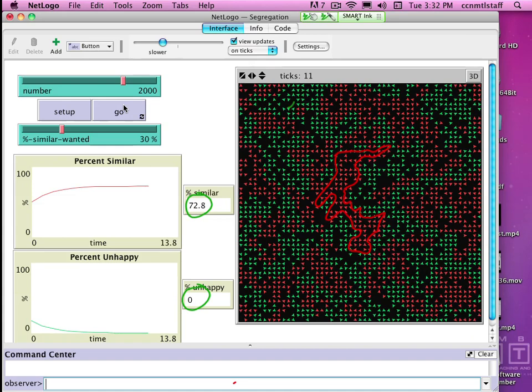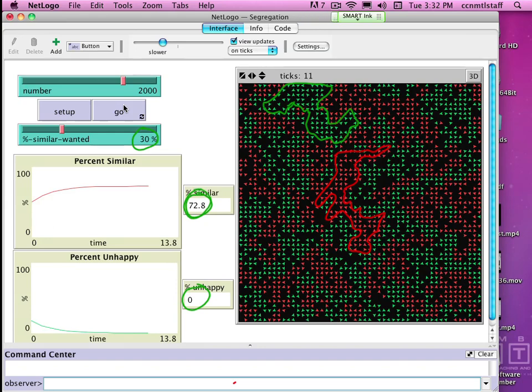Up here, there's a large swath of green agents living together. What's kind of surprising about this is we only have a requirement at the individual level that people want to be around 30% similar, but they're actually getting 72% similar.